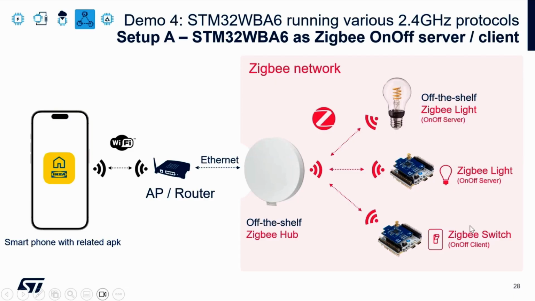Thanks to that, after the commissioning process, you can then control the blinking of the LED on the Nucleo board from your mobile phone, or on the other hand, control your ZigBee lights with the push of a button. So I will now switch to my real-life demonstration.